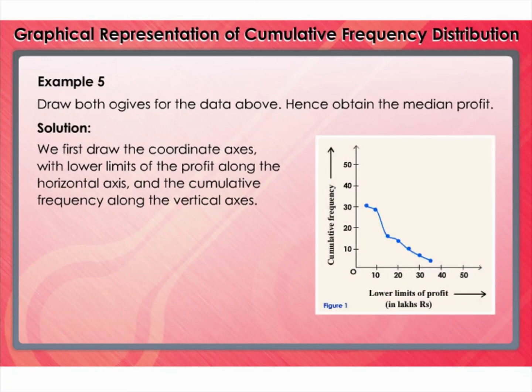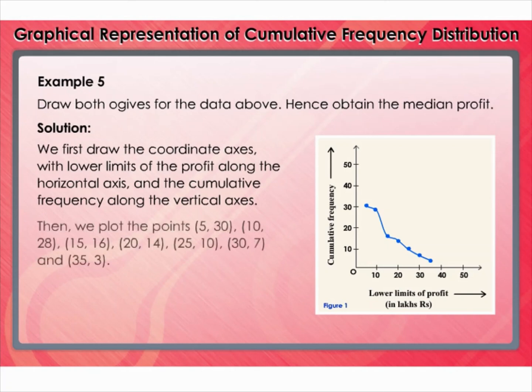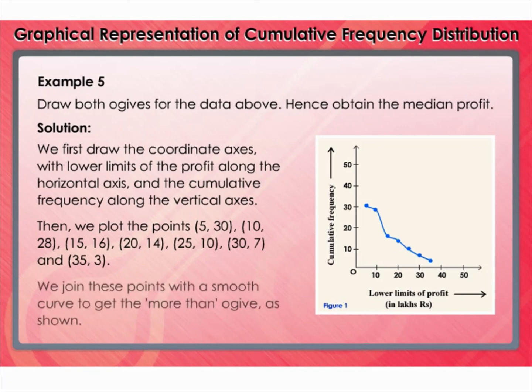We first draw the coordinate axis with lower limits of the profit along the horizontal axis and the cumulative frequency along the vertical axis. Then we plot the points (5, 30), (10, 28), (15, 16), (20, 14), (25, 10), (30, 7) and (35, 3). We join these points with a smooth curve to get the more than ogive as shown.